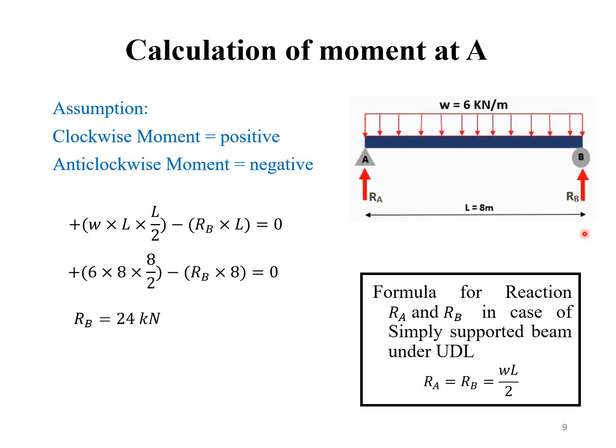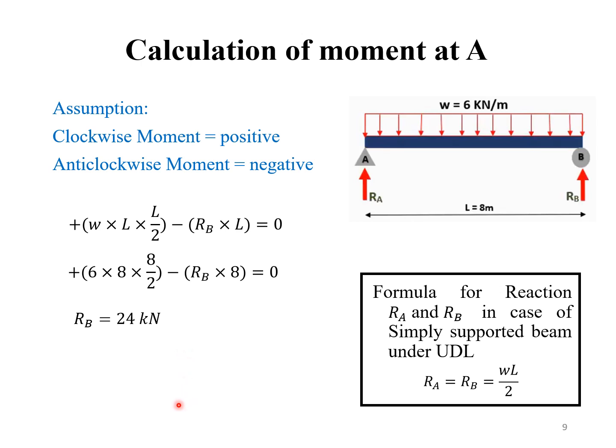If we consider the moment at point A, then this uniformly distributed load will bend the beam in the clockwise direction. So let's calculate the moment at point A. The sum of moments will be 0, and this plus sign shows that this bending moment is in the clockwise direction, and the minus sign shows that this support will resist the moment in the anti-clockwise direction.